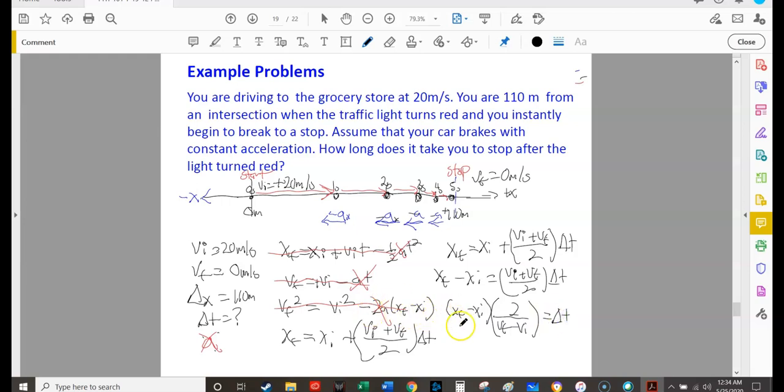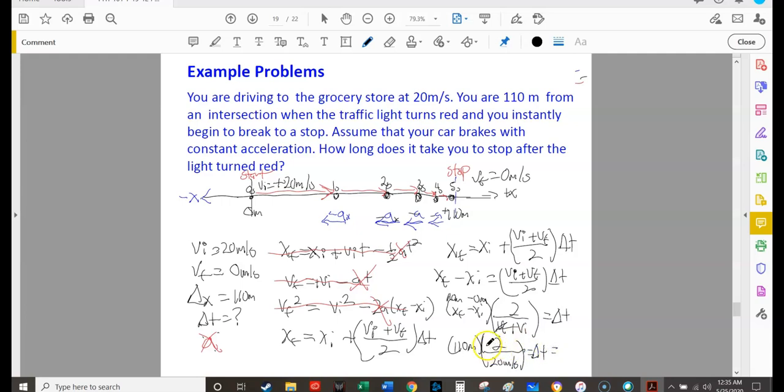And now I'm going to plug in our variables. Well, x final is 110 meters, x initial is 0 meters, v final is 0 meters per second, and v initial is 20. So basically, x final minus x initial is 110 meters, and this is 2 divided by v final, which is 0, plus v initial, which is 20 meters per second, and that's delta t.